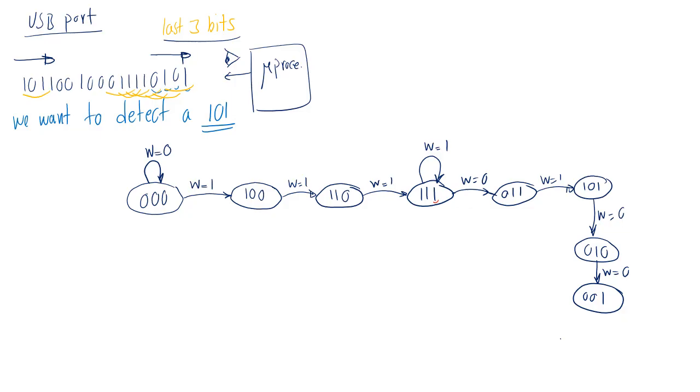Now, looking at the second state, again, we have to consider all the possibilities. We consider the possibility of W being 1, but if W is 0, I go from a 1, 0, 0 to a 0, 1, 0, which I have here. So if W is 0, I'm going to be going to this state.